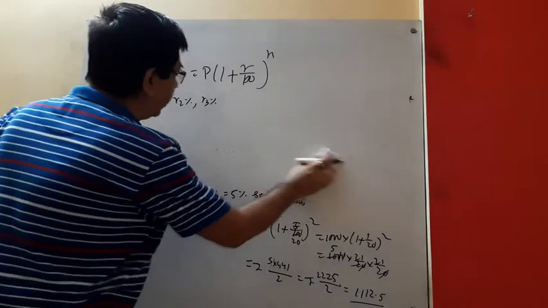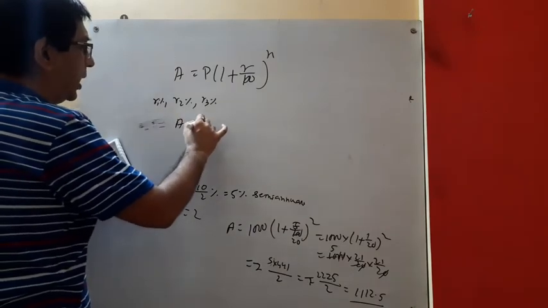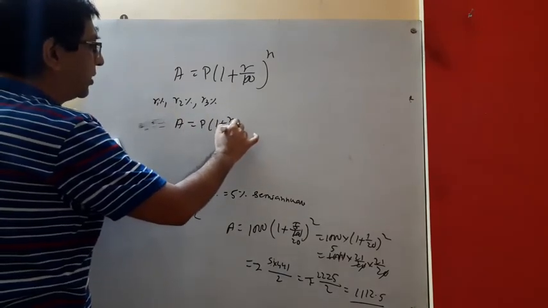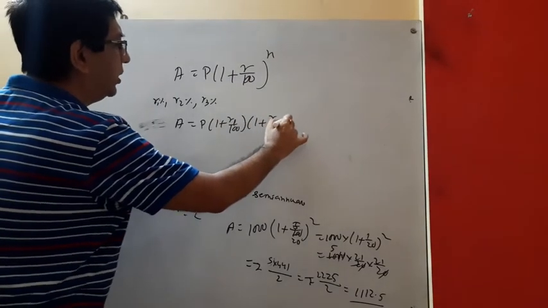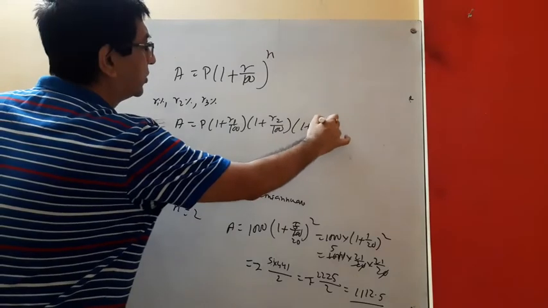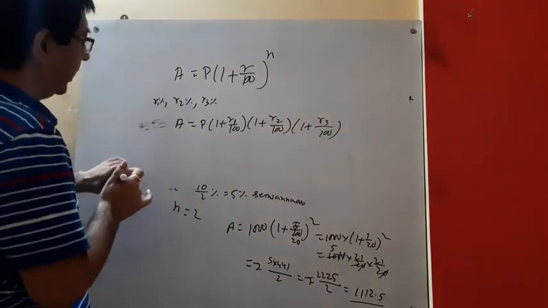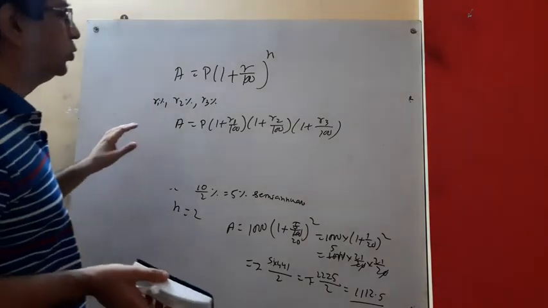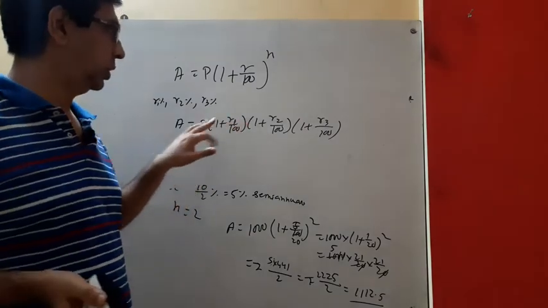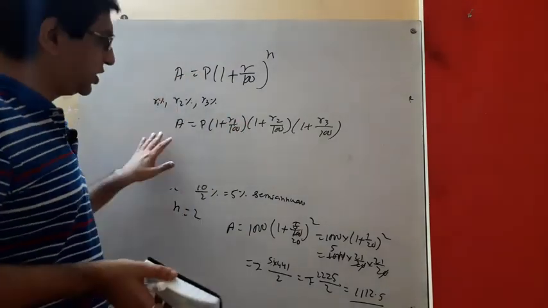So after 3 years the amount will be P into 1 plus R1 by 100 into 1 plus R2 by 100 into 1 plus R3 by 100. That will be the amount. In this way we can use the formula to find the amount, although the rate of interest is different.